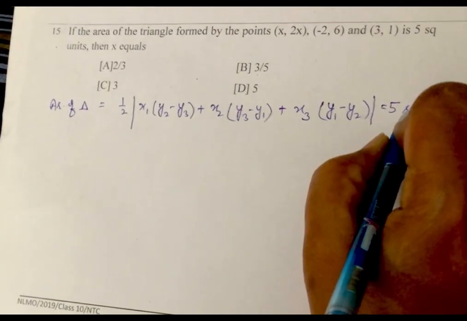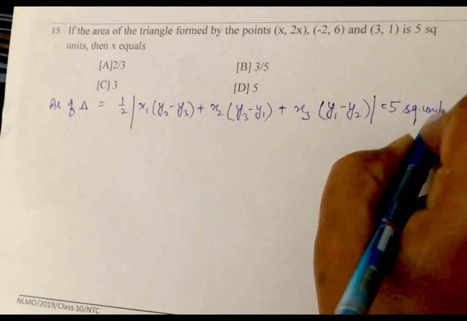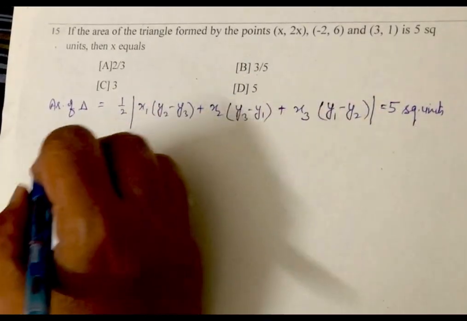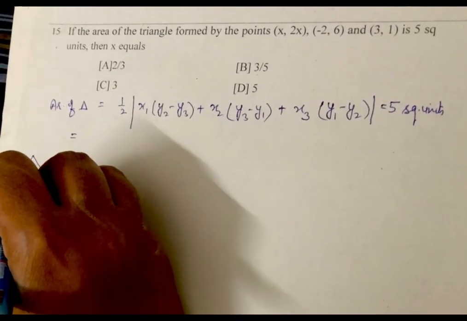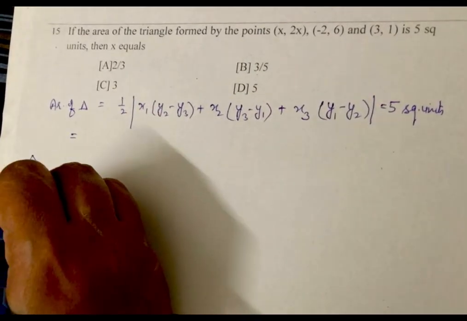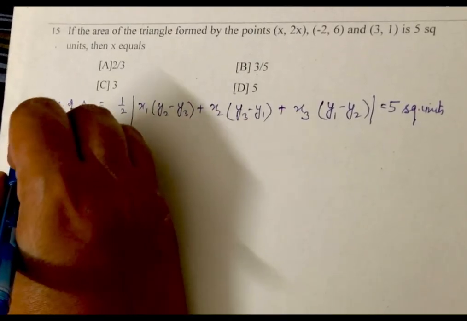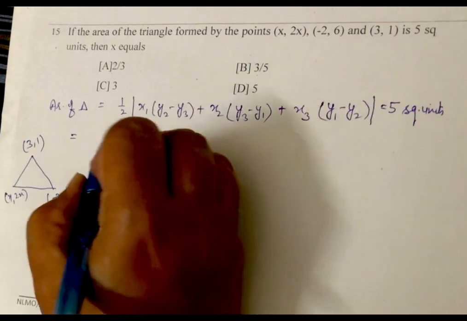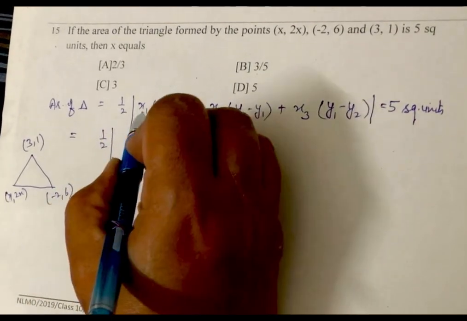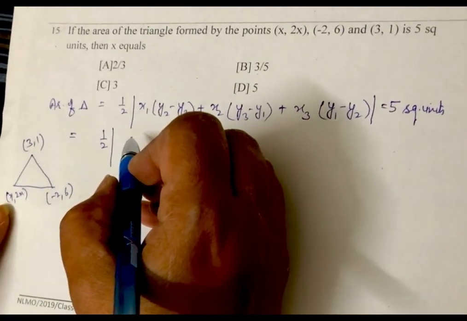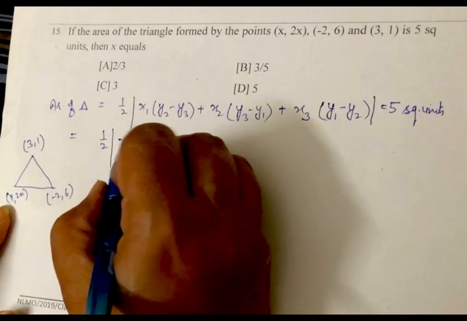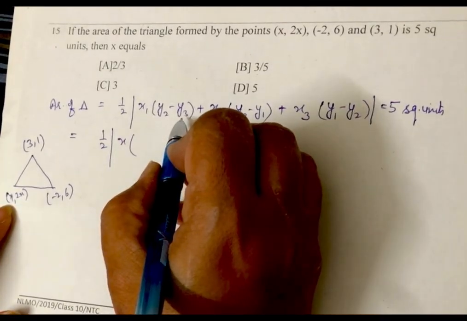Now in this case, the three vertices of the triangle are (x, 2x), (-2, 6) and (3, 1). So put the values. Here x1 is our x, y2 minus y3.